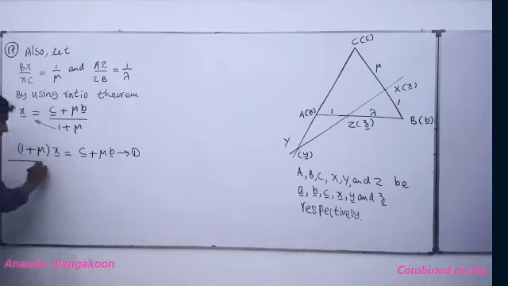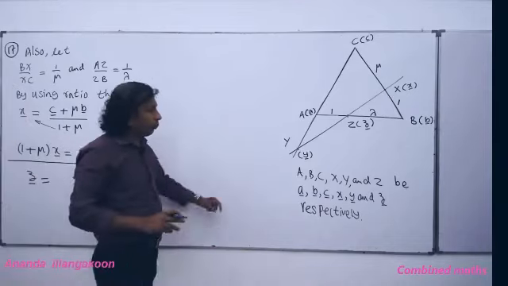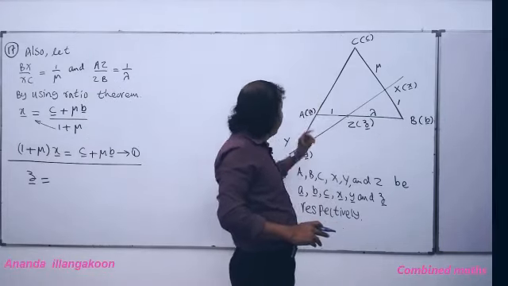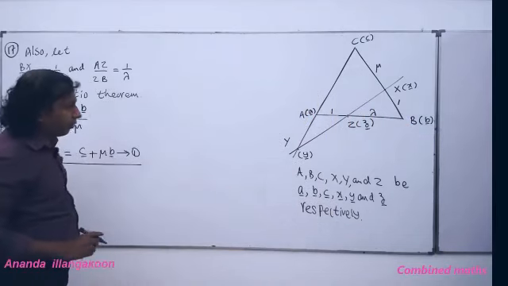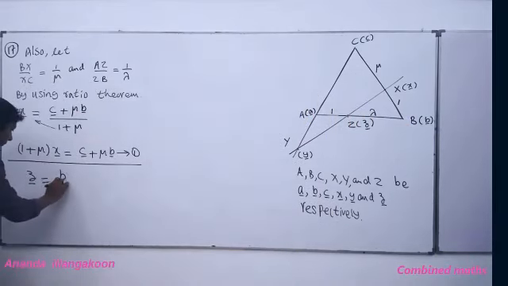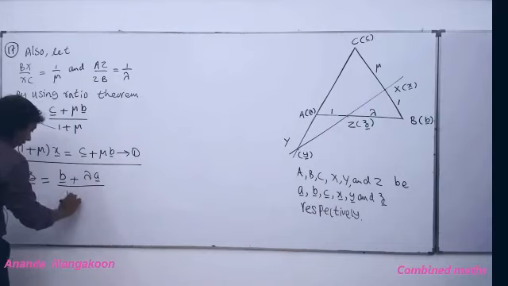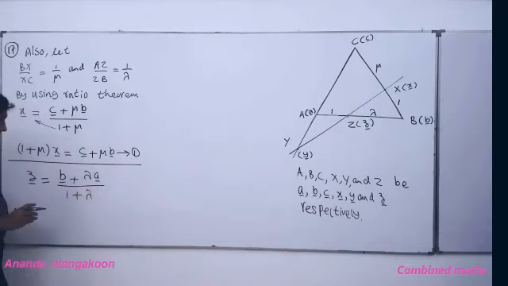Similarly, there is a vector we can write, 1 into b vector plus lambda into a vector divided by 1 plus lambda. 1 into b means b vector plus lambda into a vector divided by 1 plus lambda.